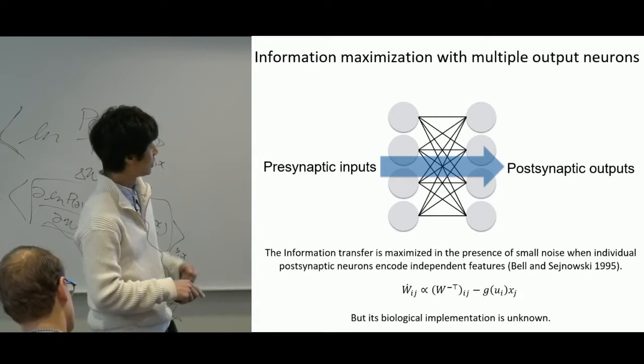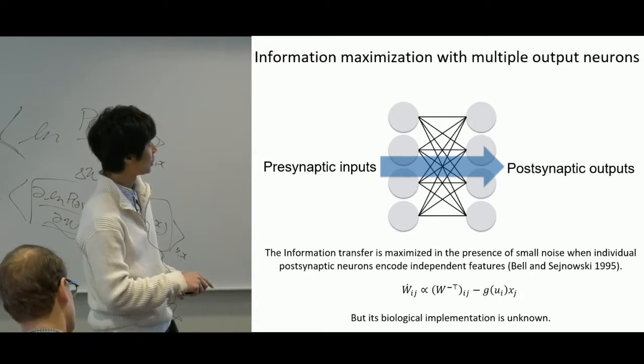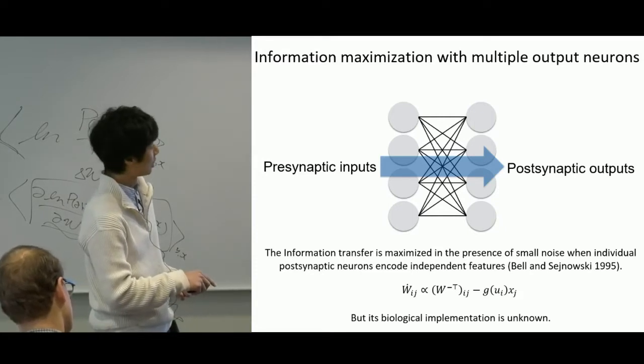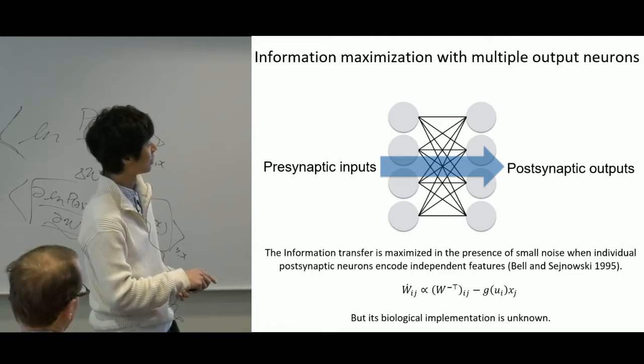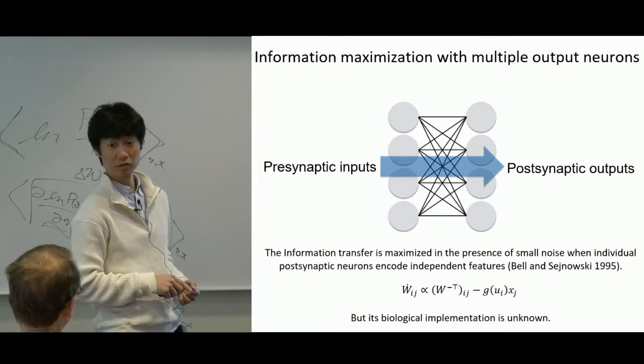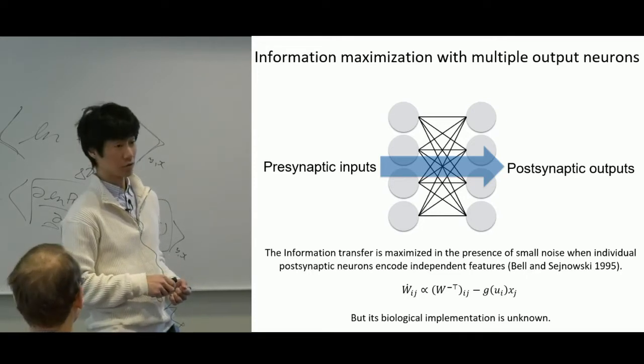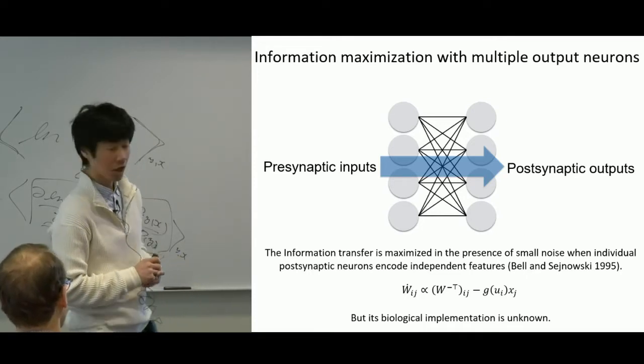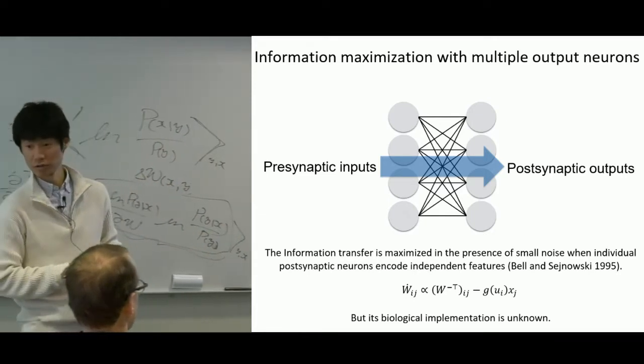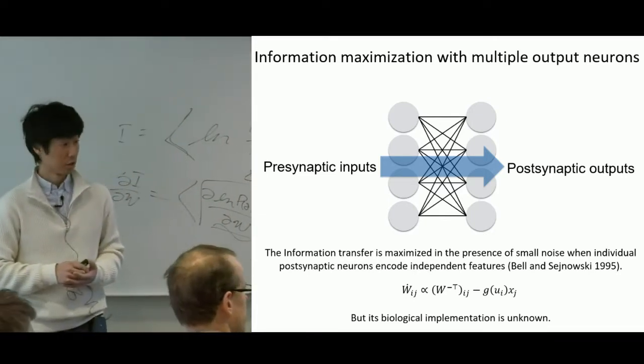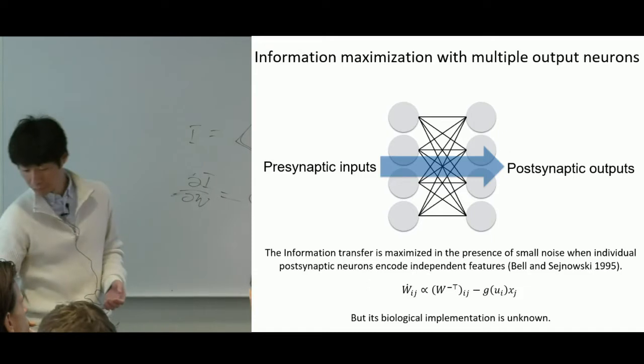This means that if you want to change this synapse here, to compute the change, it needs to know the weights of non-connected other neurons. So the learning rule is called non-local, and how biological neurons implement such a learning rule was unknown.